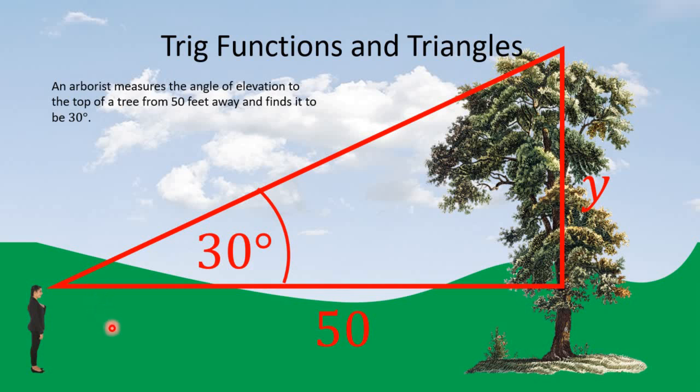This one is neglecting the height of the arborist. There are some questions in the homework where you have to add the height of the arborist because the line of sight horizontal isn't on the ground. All right, so this one is neglecting everything from the ground up to the line of sight of the observer.